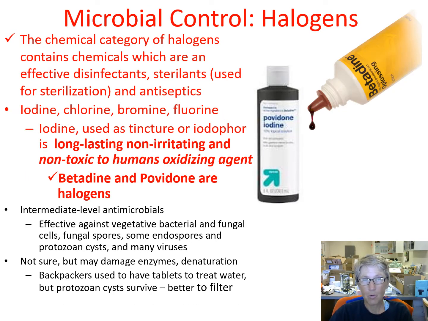So the next group of chemical methods to control microbes are the halogens. And if you've had chemistry, you know where the halogens are on the periodic table of elements. But for this class, the chemical category of halogens contains chemicals which can be used as disinfectants, sterilants, so a sterilant is just something used for sterilization, and also antiseptics.